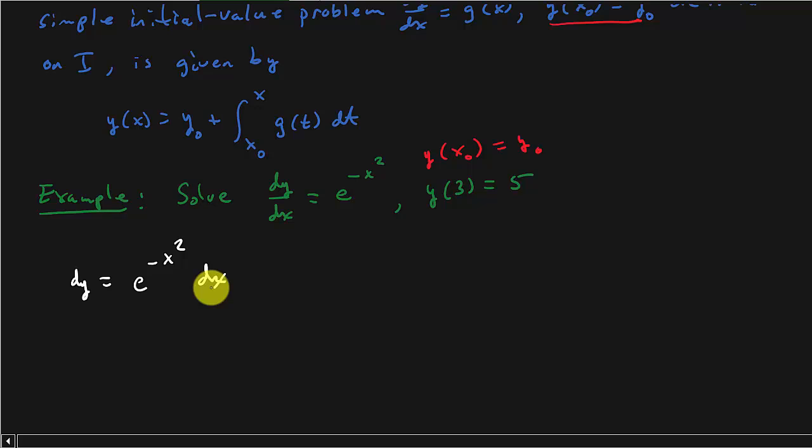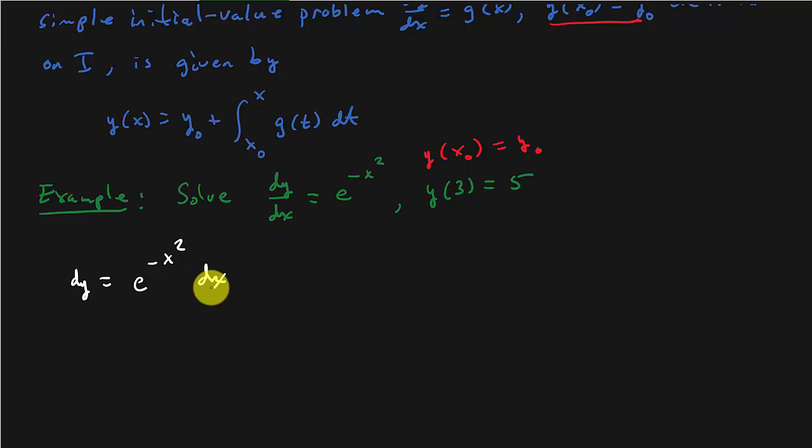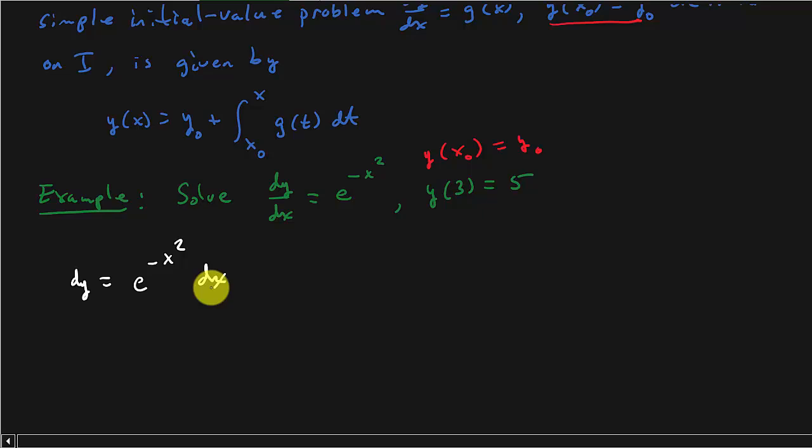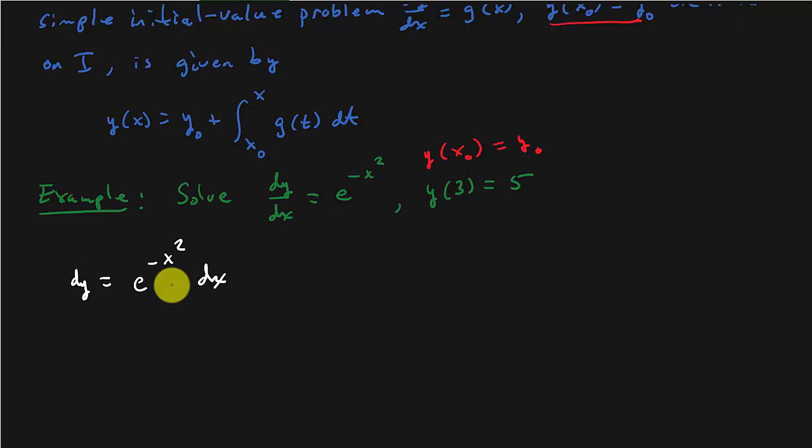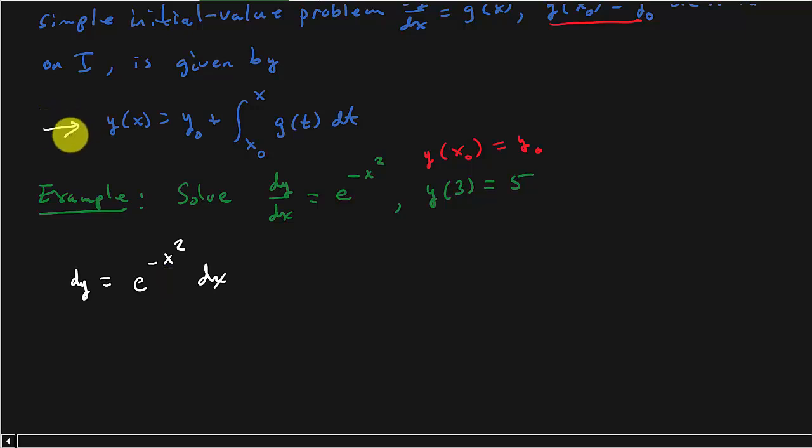Now we need to integrate this thing. But think about it like this. How in the world are we going to integrate this e to the negative x squared? You can't do it, okay? You can't integrate it.